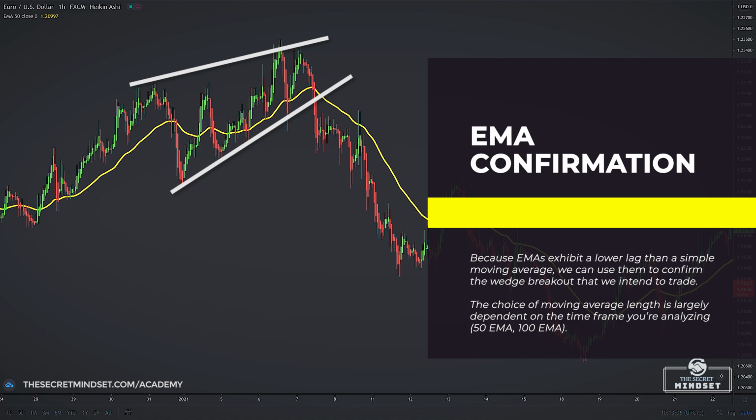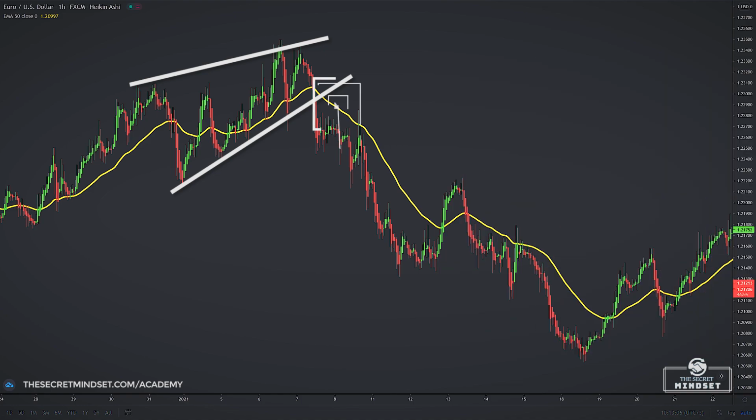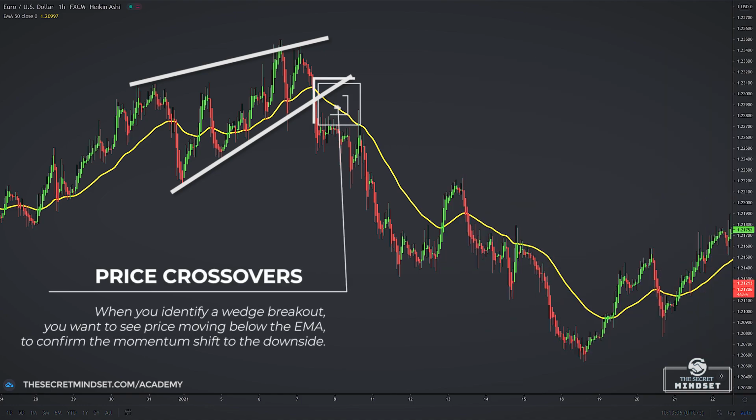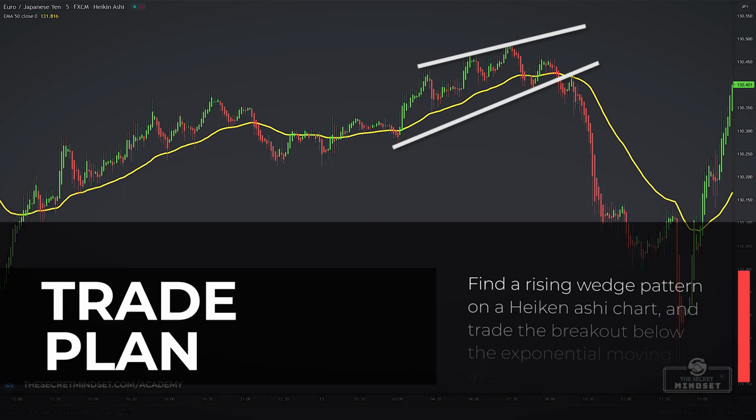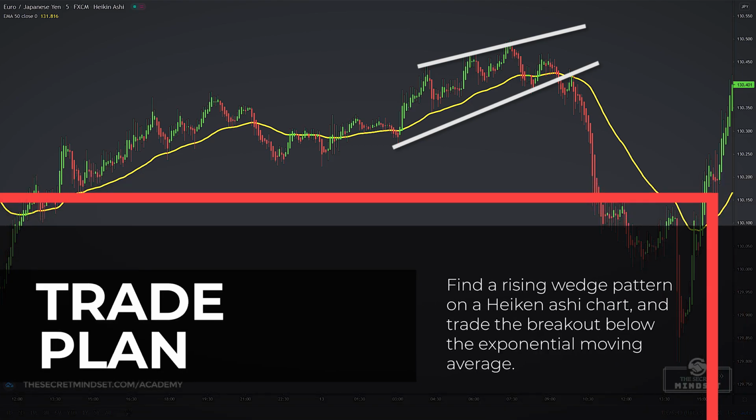A 50 EMA or 100 EMA are good potential averages you could use. With the addition of the exponential moving average, you basically analyze price crossovers. When you identify a wedge breakout, you want to see the price moving below the EMA to confirm the momentum shift to the downside. The full strategy involves finding a rising wedge pattern on a Heikin-Ashi chart and trading after the price breaks the pattern below the moving average.